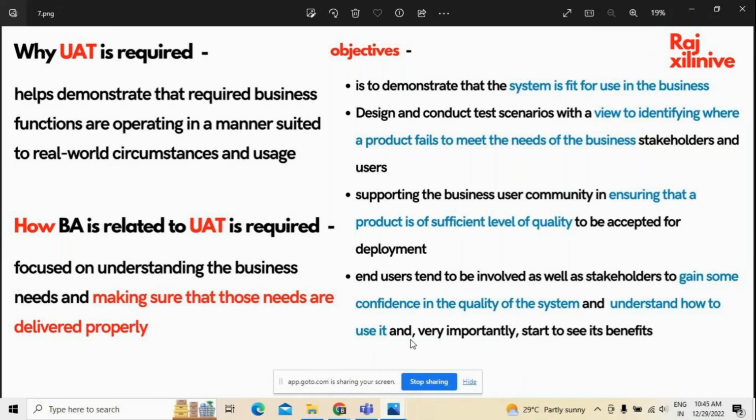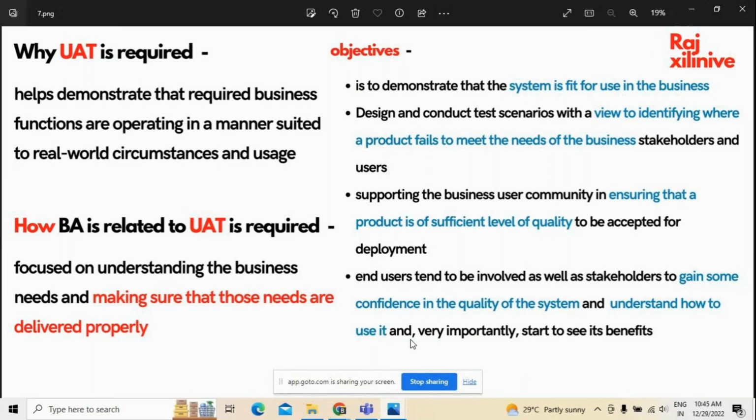There is a third objective where we need to support the business and user community, by ensuring that the product we are developing is of a sufficient level of quality to be accepted, acceptable for us to deploy the application at any level.